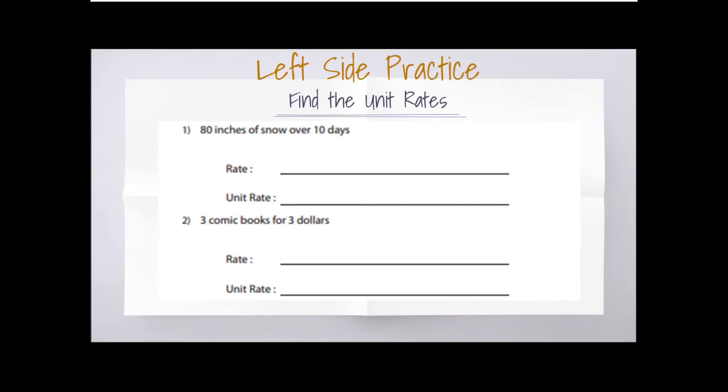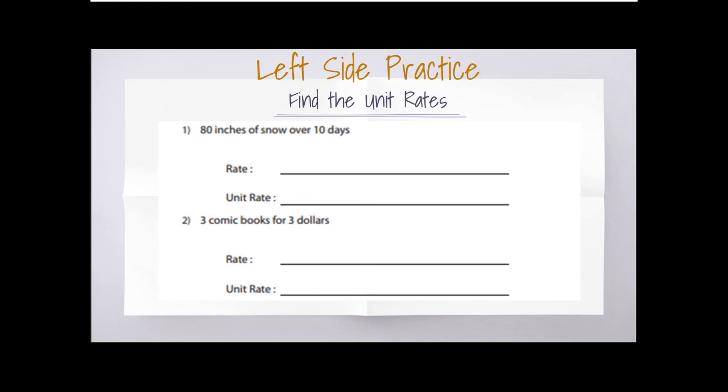Okay, so you guys should all have written down 80 inches over 10 days as the rate, and the unit rate should be 8 over 1, or 8 inches of snow per day. Number 2, please do on your own on the practice side.